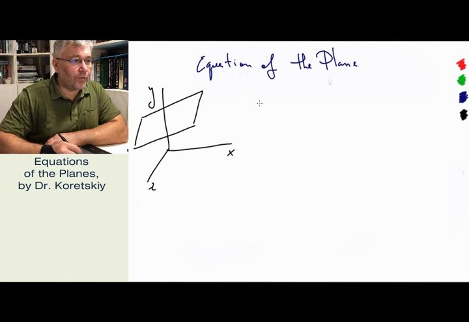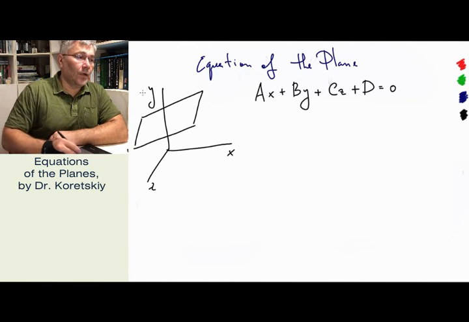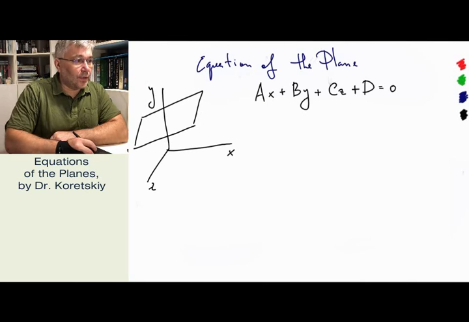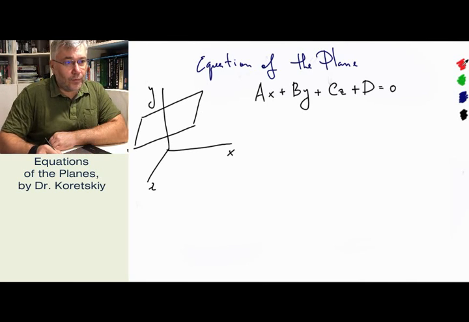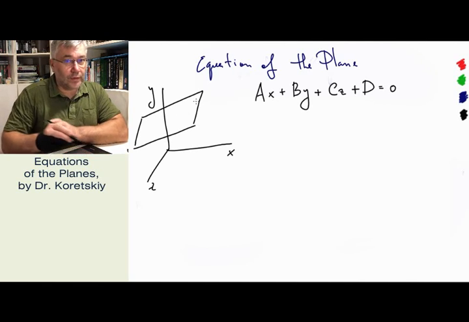And the very common view of the equation of the plane is the following one: ax plus by plus cz plus d equals 0. So this is the equation of the plane which defines all points which belong to the same plane.